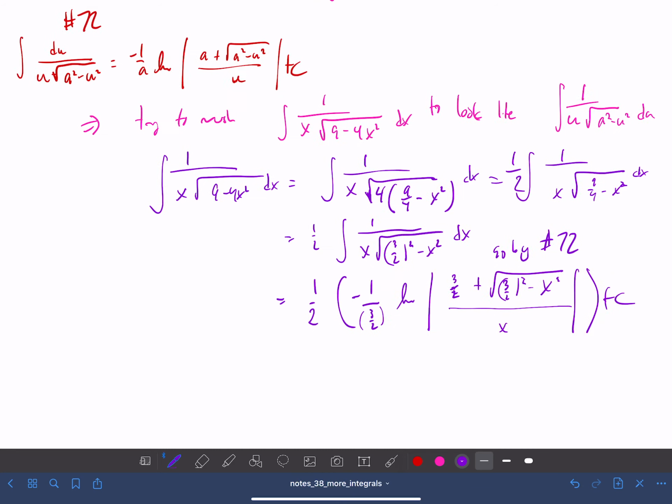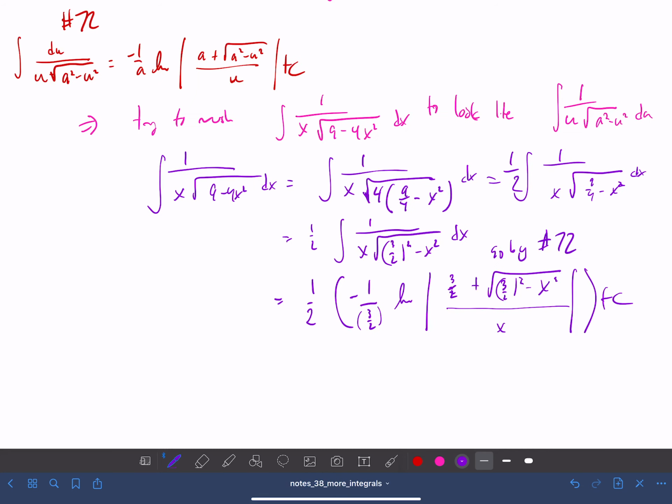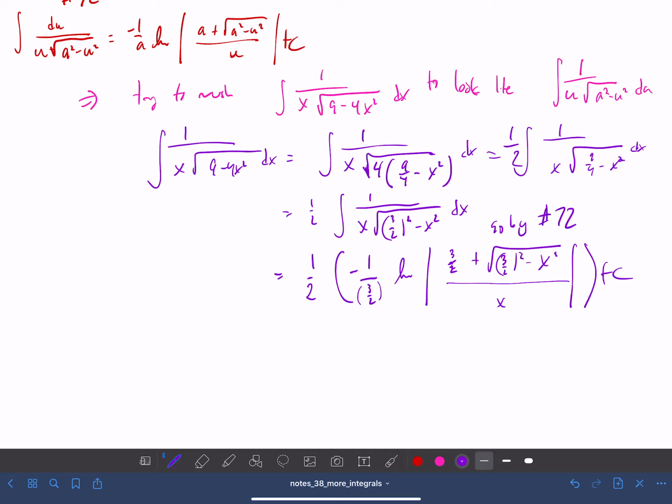I think there's some simplification available to us, and we should totally do it. Let's move that minus sign out front. Let's write this as minus half.